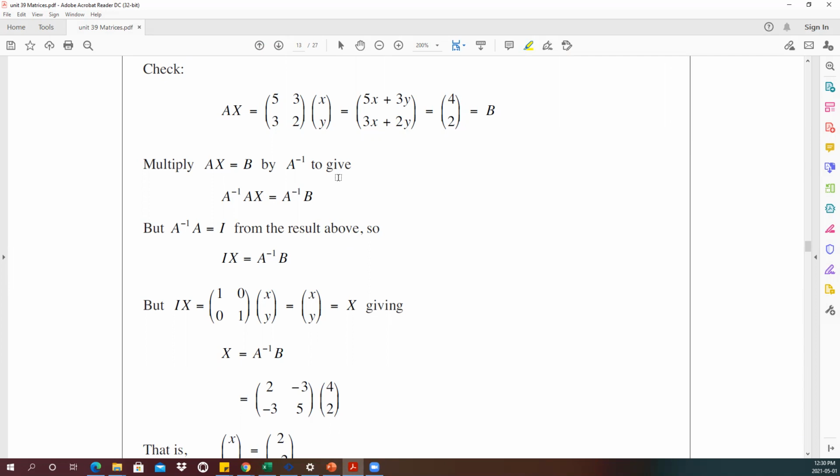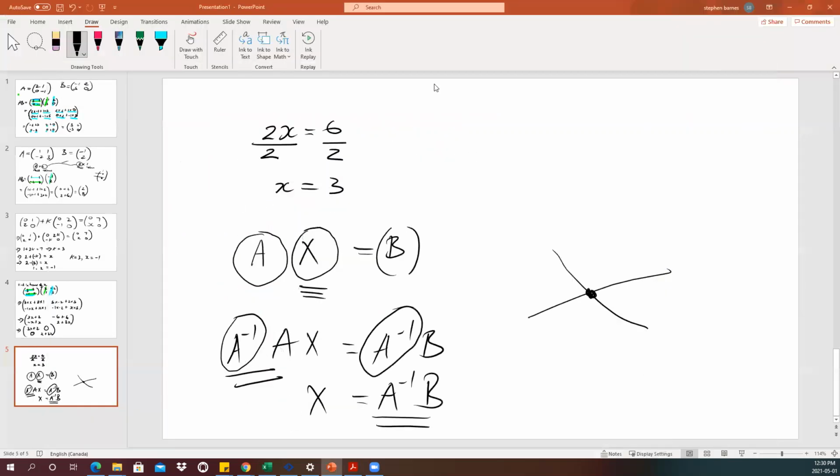Come to think of it, it needs to be to the left. Let me show you why, because some people make this mistake. In the example we're looking at, this is a 2 by 2 matrix.